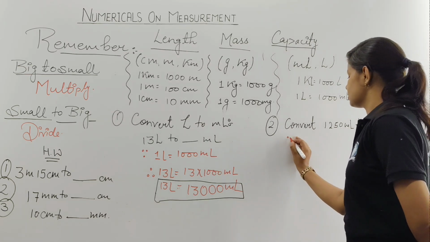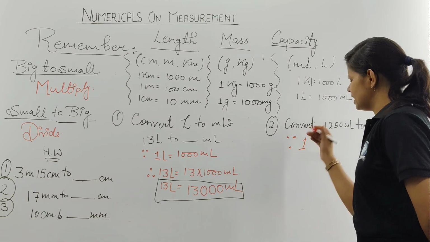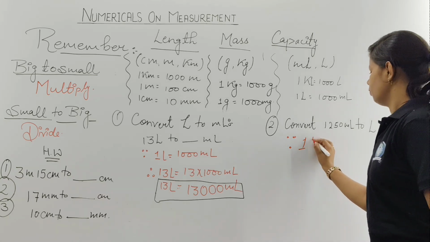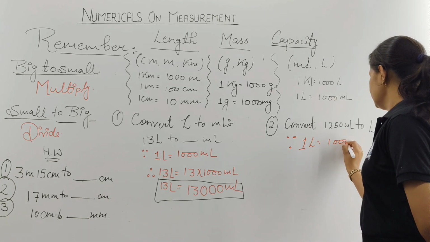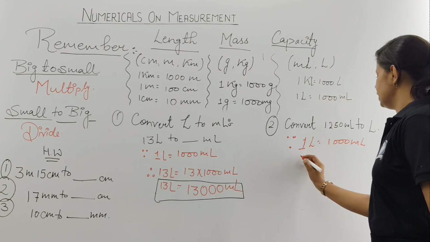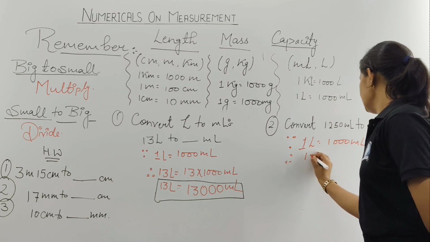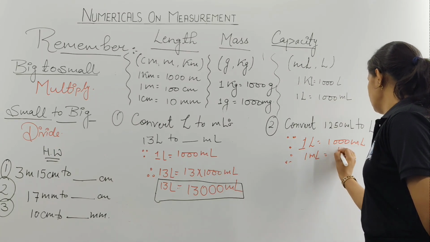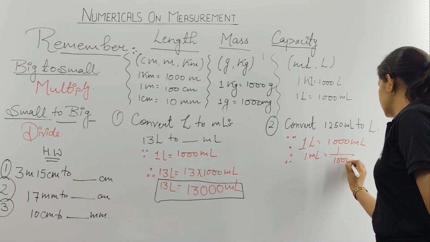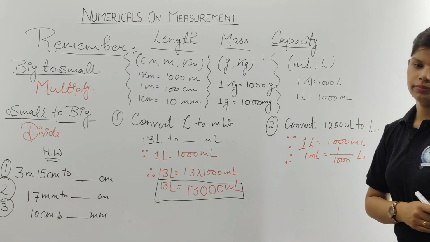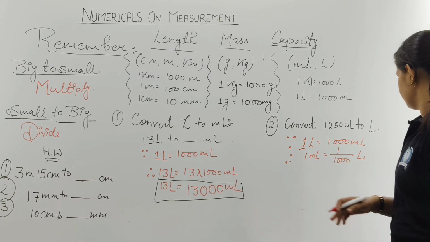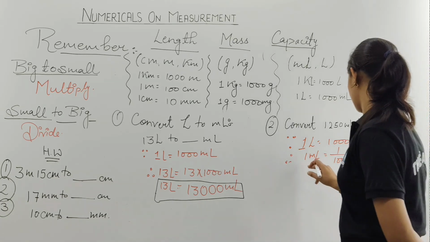So what you know, since same thing you will write again and again: 1 liter equal to 1000 milliliter. Therefore, 1 milliliter equal to 1 upon 1000 liter. Clear, no?